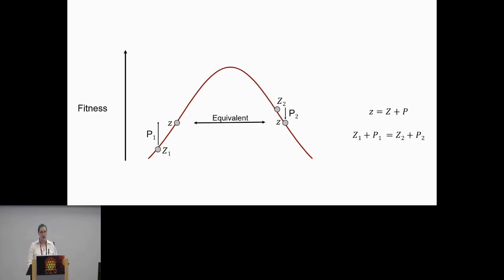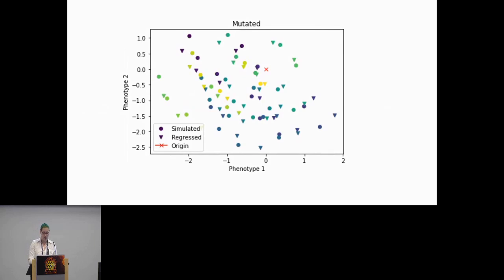So in other words, these are equivalent. And when we look at our regressed and simulated data, when we have Z plus P, you can see here that the Z's and P's share the same color on this graph. You can see that they're essentially orbiting the origin. So they're equivalent in fitness, they're going to give us the same fitness result, but they're not the same.